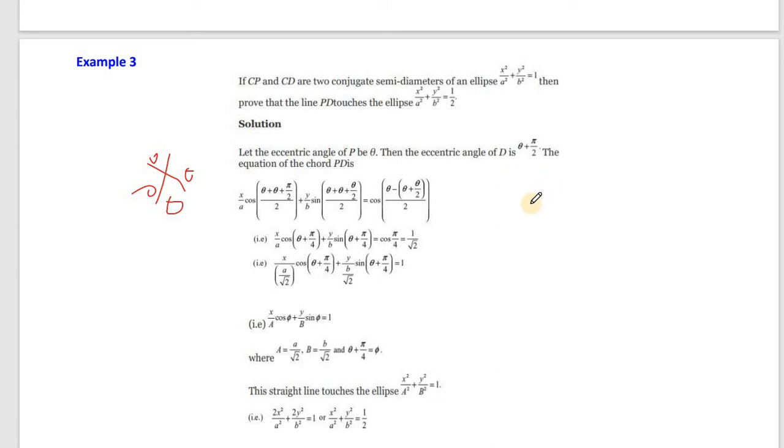Then the equation of the chord PQ is, so we have the C, P and D. If this angle is taken as theta, we know very well that the next one is pi by 2 plus theta.